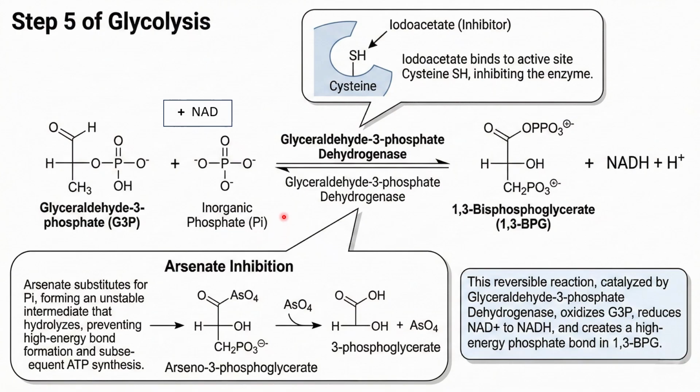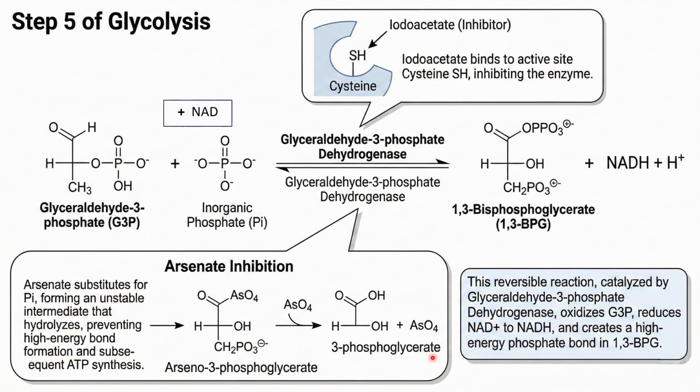Here, in place of phosphate, the arsenate binds and it forms 3-phosphoglycerate instead of 1,3-bisphosphoglycerate. Arsenate combines to form arseno 3-phosphoglycerate and then 3-phosphoglycerate.